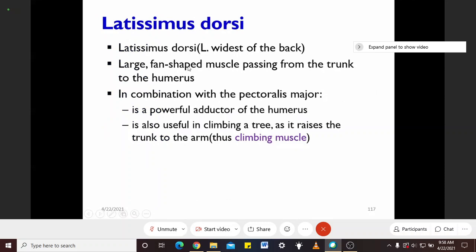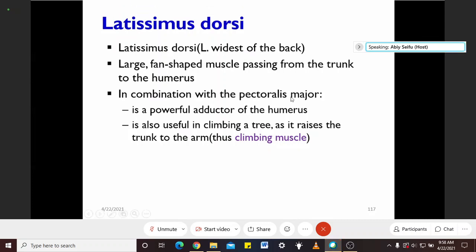Now the latissimus dorsi muscle. Latissimus means widest, and dorsi means back. So it is the broadest muscle of the back, fan shaped, running from the axial skeleton to the upper extremity, the intertubercular groove of the humerus.